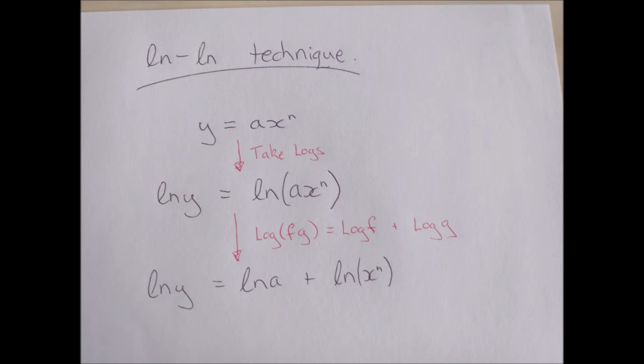Then using the rules of logs, we can split that log of ax to the n into the log of a plus the log of x to the power of n. It's that rule of log fg is the same as log f plus log g, you might remember from maths class.